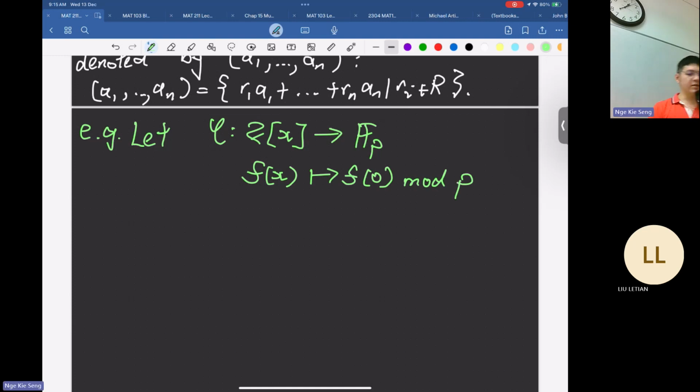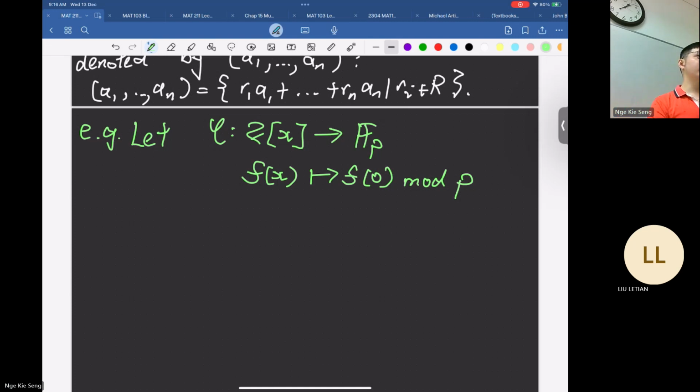What's the kernel of this map here? What's the thing you kill in this map? What's the thing that gets sent to 0 first?